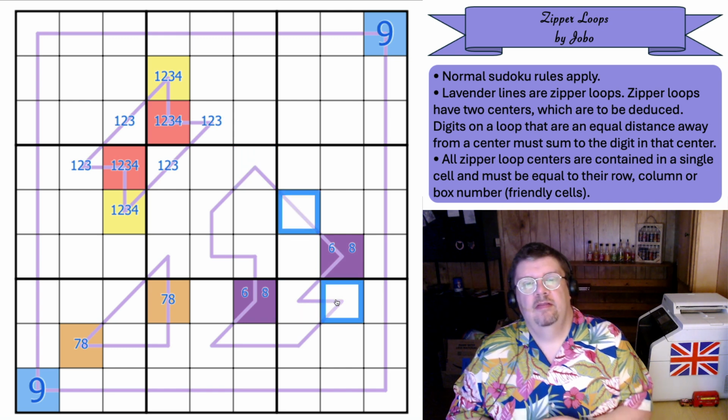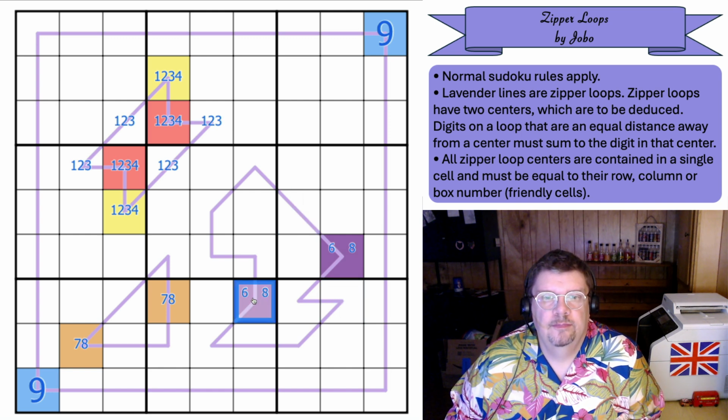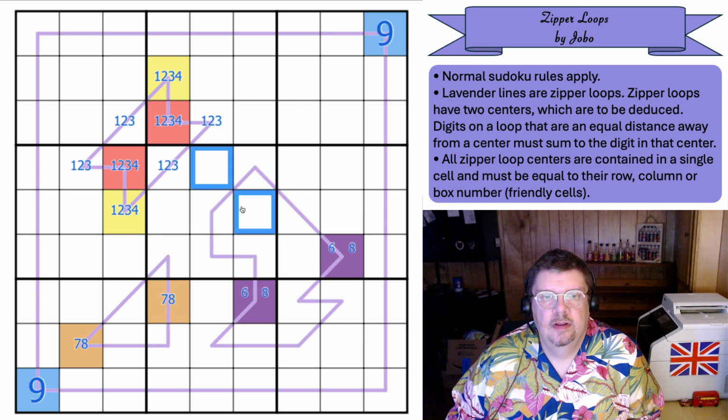That would be a pair. I can't see an obvious reason just yet why this can't be a 6. It would place 6 into one of those two. This digit would then fit into one of those two.